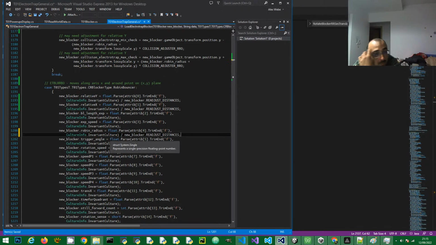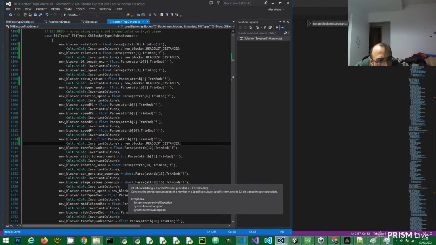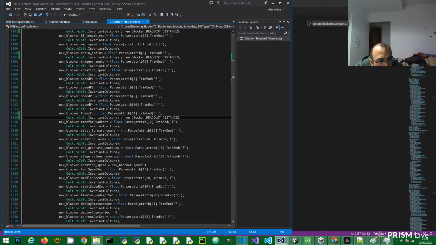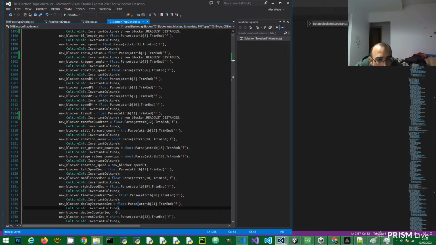This one also. Okay. Translation X. I guess we have to move this also. But why did we use that? I don't remember what for. Okay. Rotation. Replay distance. Maybe this.